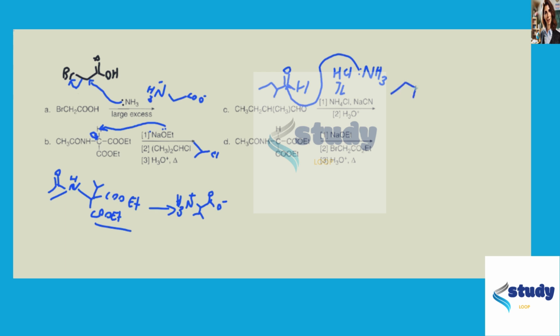We're going to have an imine being formed now. And then the cyano group, CN minus, is going to come in and backside attack this position. Make a bond, and when you make a bond, you break a bond.